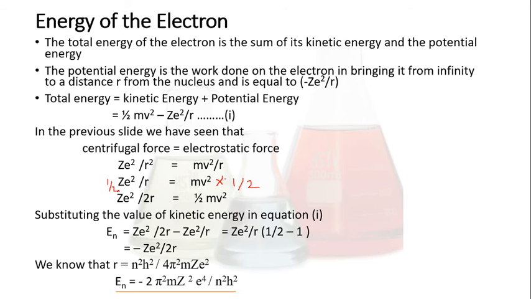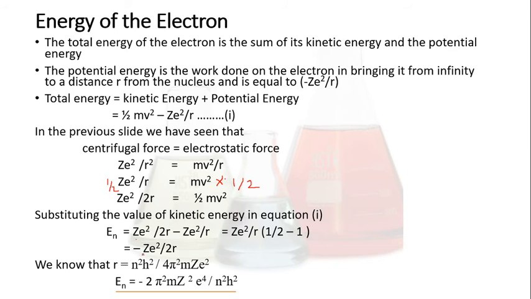We know that half mv square is the kinetic energy. So distributing this value into the equation first, what we will get? Total energy is equal to z square upon 2r minus z square upon r. Now taking z square upon r common, what remains? Half into minus 1, so half into minus 1 is minus half.